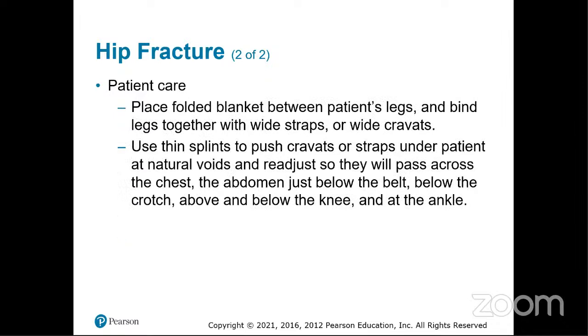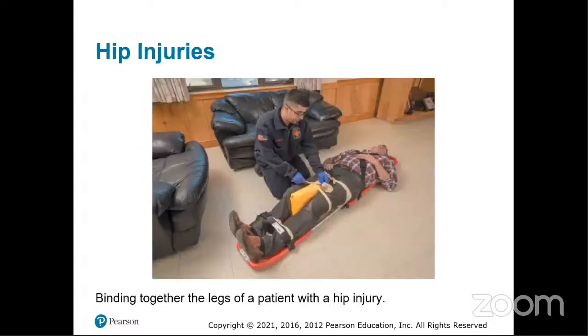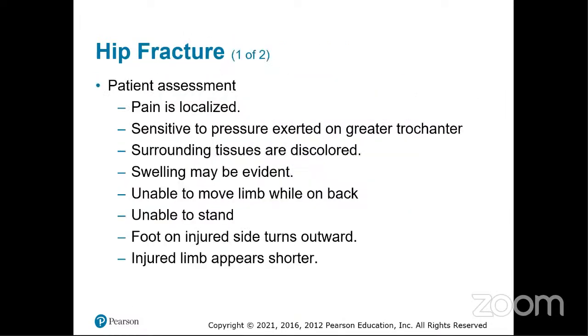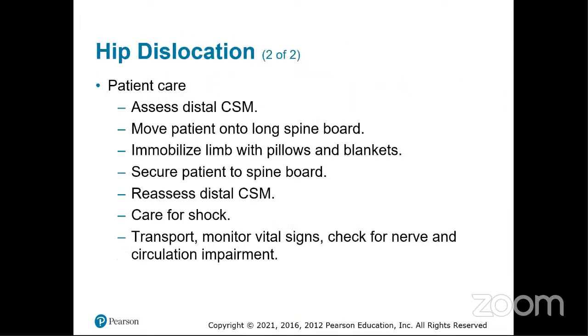So we're going to fold the blanket between the patient's legs and bind them together with wide cravats. Use the thin splints to push the cravats and straps into place, above and below the knee and at the ankle. They're your femur, so why are we talking hip like that?